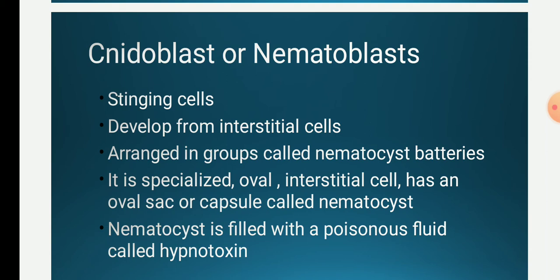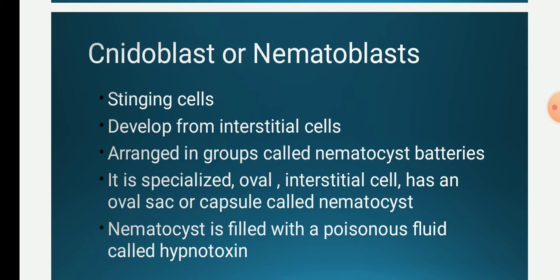The one which is used once, the organism can't use that nematoblast again. So new nematoblasts are continuously formed from the interstitial cells to replace the used one.